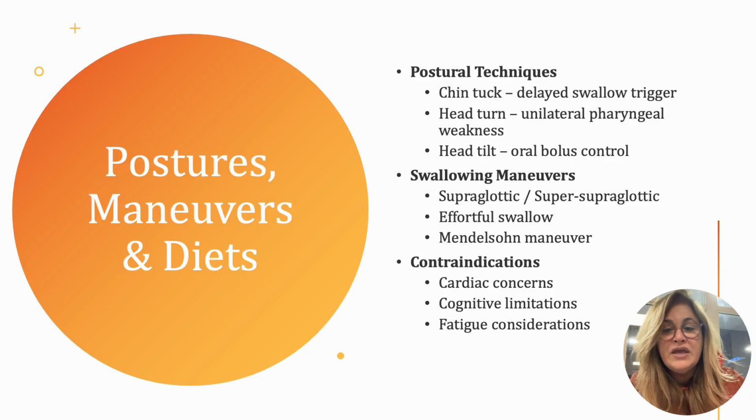So people who have cognitive decline, or they cannot follow instructions correctly, this has multiple phases or stages, instructions that they have to follow, and it's not that easy for everyone to coordinate that in a safe way so that the bolus doesn't go into the airway.